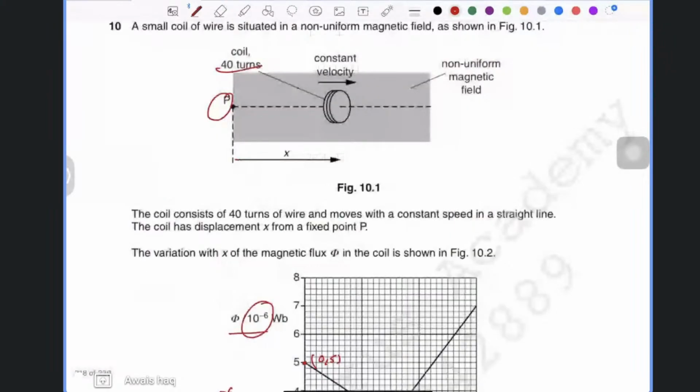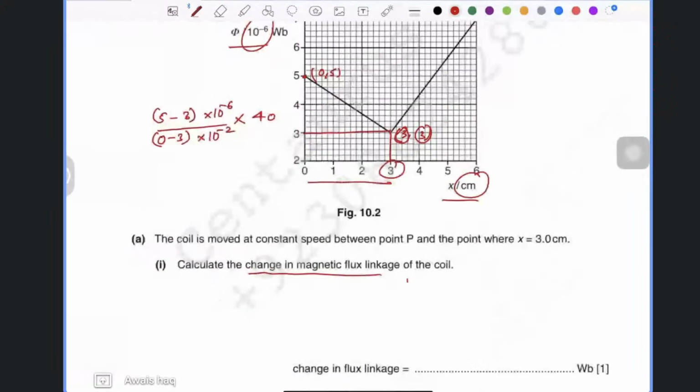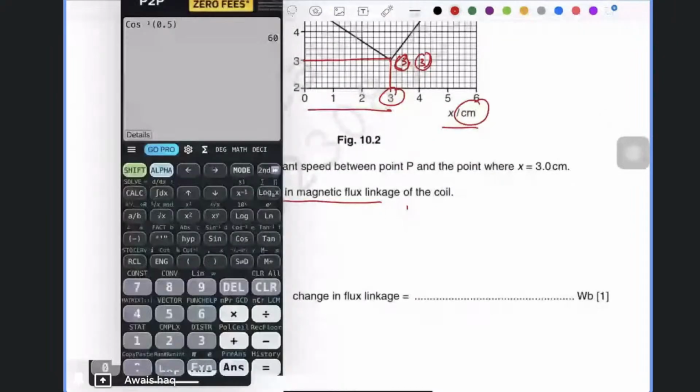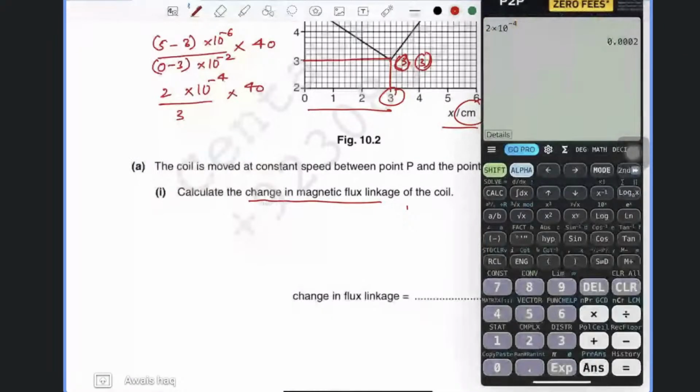So it will be 2 times 10 raised to minus 4 divided by 3 times 40. It should be 2.67 times 10 raised to power something.